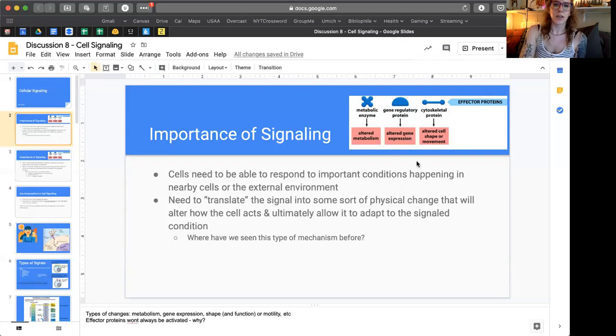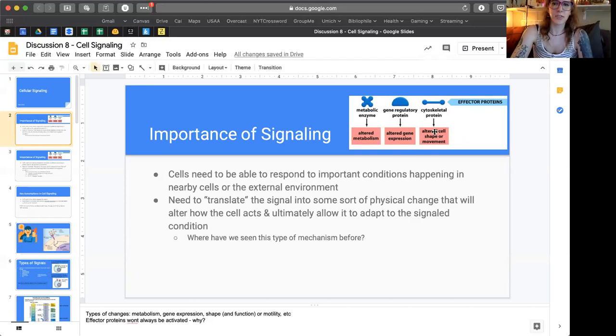All of these changes can happen in response to either an external signal or signaling from nearby cells in an organ, for example. So essentially what we need is a way for the cell to translate that signal into something that changes its function, so that it can adapt to the condition that the signal is trying to warn the cell about. And how we do this is with effector proteins.